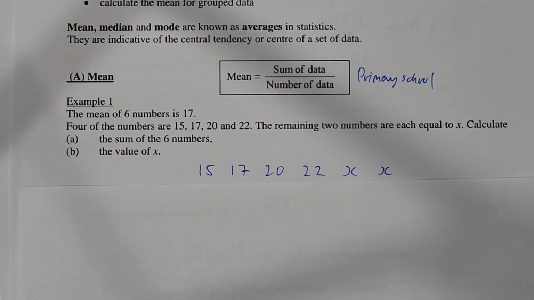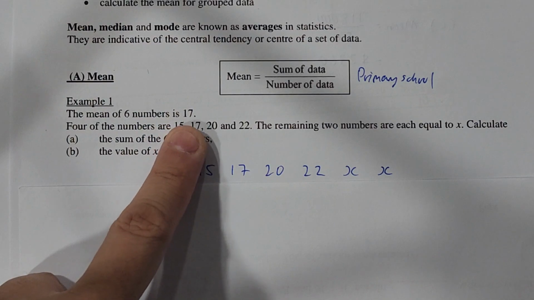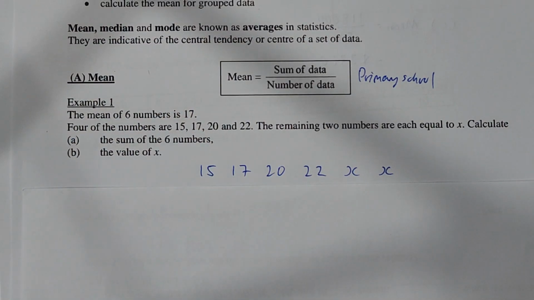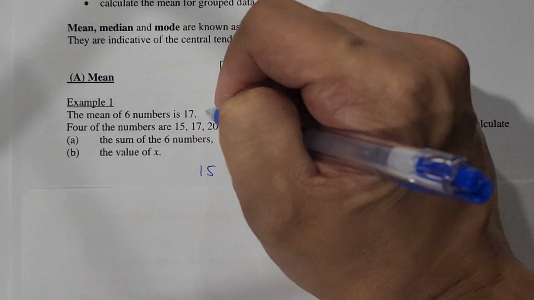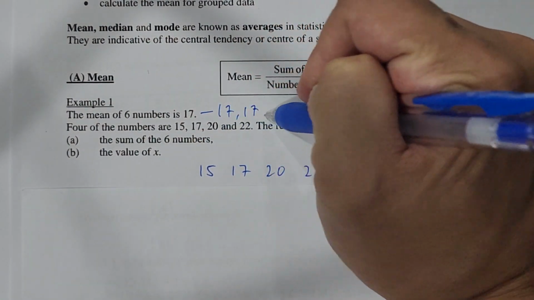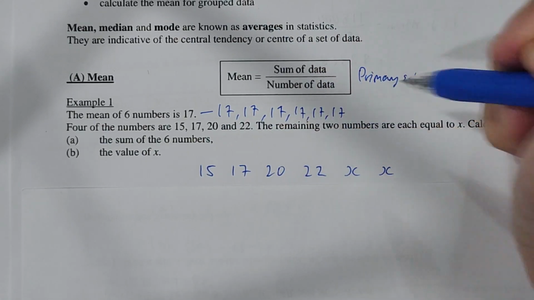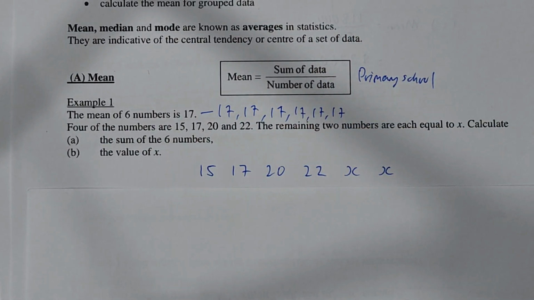First thing is the sum of the 6 numbers. What does it mean that the mean of 6 numbers is 17? It basically means you can think of it as 17, 17, 17, 17, 17, 17. All the 6 numbers are 17.